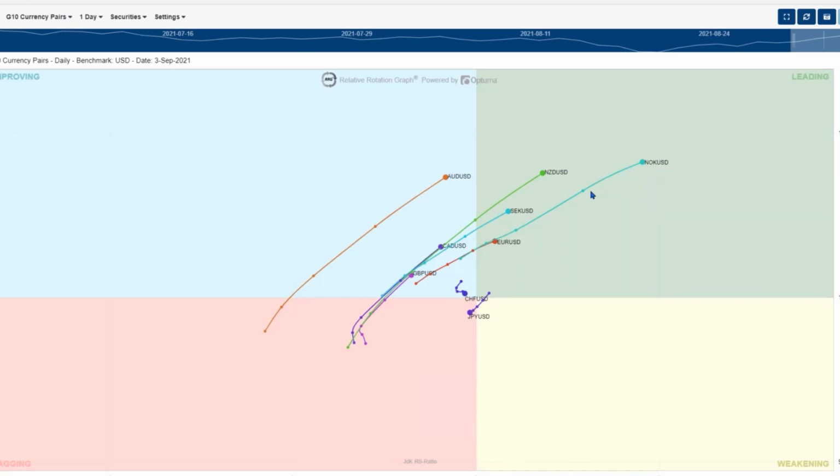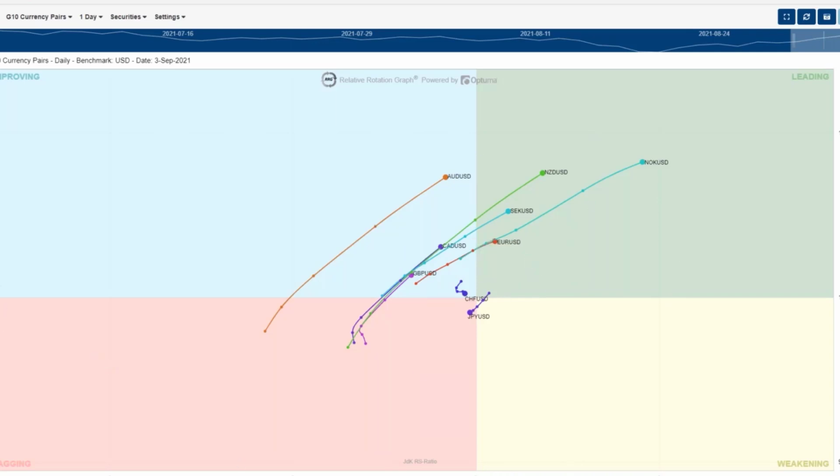This is Friday, Thursday, Wednesday, and so forth. This is the route that they're taking. And everything that's on the left-hand side of it is underperforming the dollar. So generally, things are moving towards outperforming the dollar on this dollar weakness, as you would expect. But it's what is doing that.